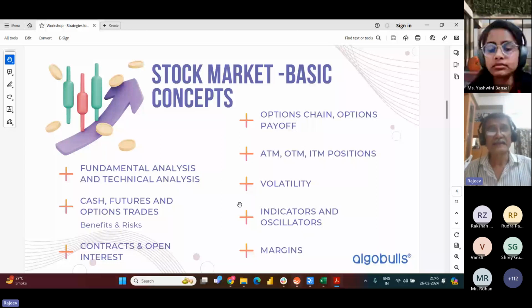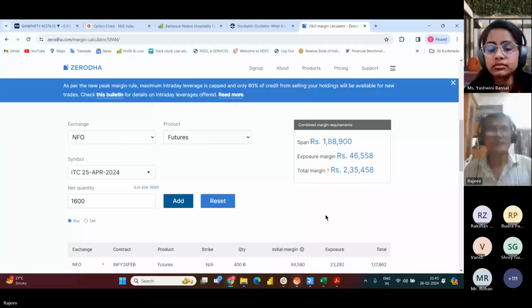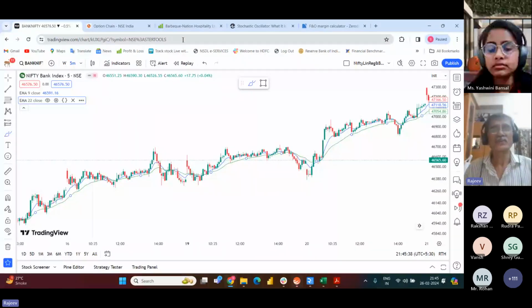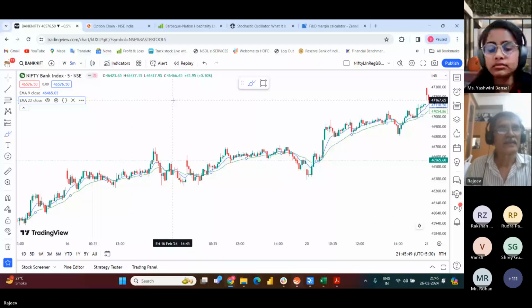of technical analysis. For that, I'll now take you to a different site, which is TradingView. These are all free software. You can note them down and refer to these different websites later. There's a wealth of information available.